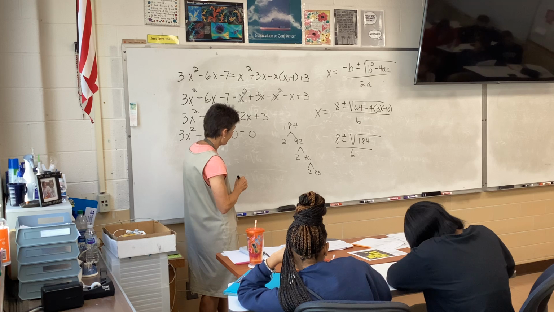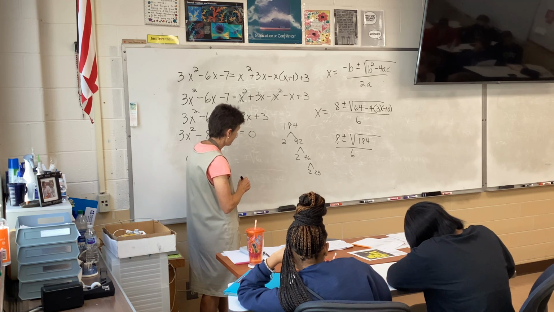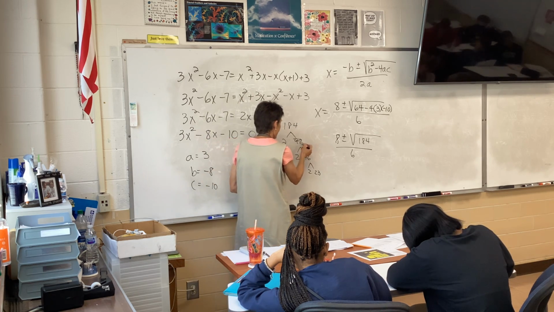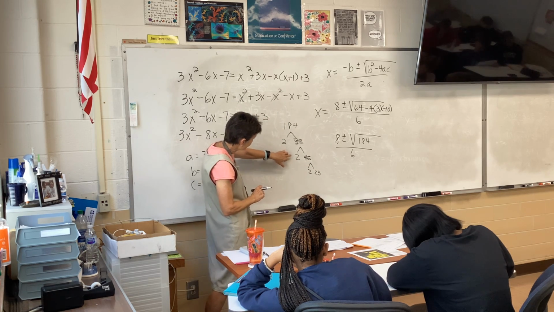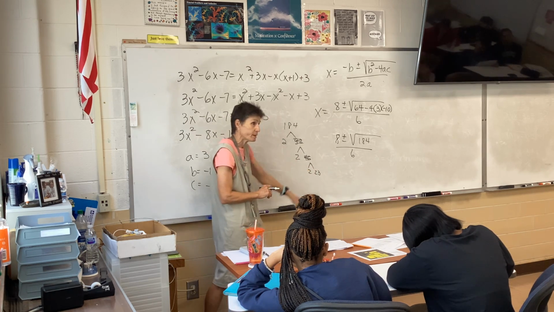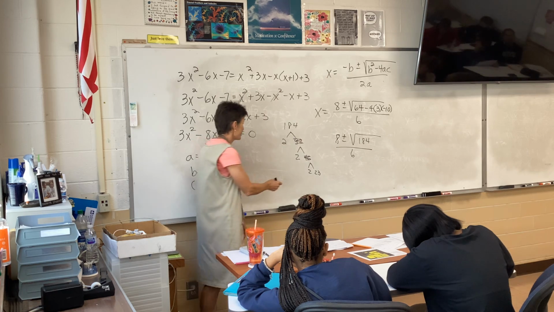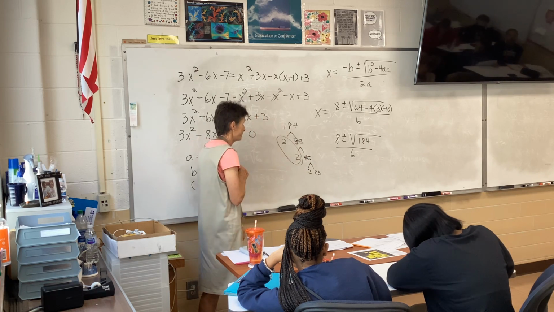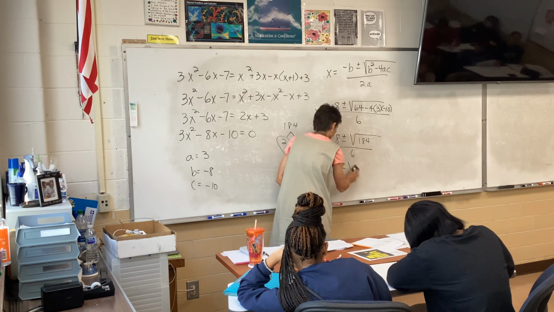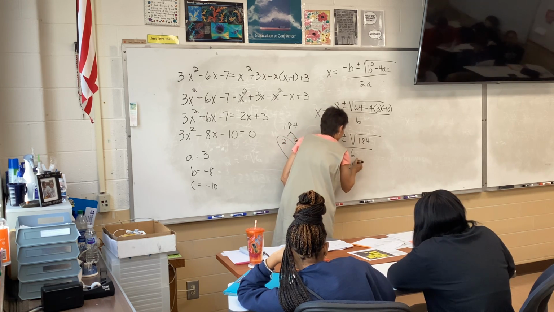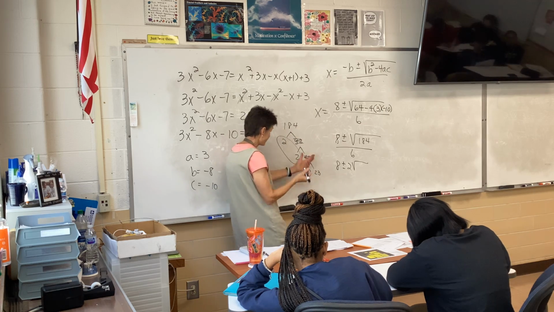I think I did that right. Remember, when you break a number down, it's no longer part of the problem. So I have 2, 2, 2, and 23. Out will come a 2, and in stays 46.